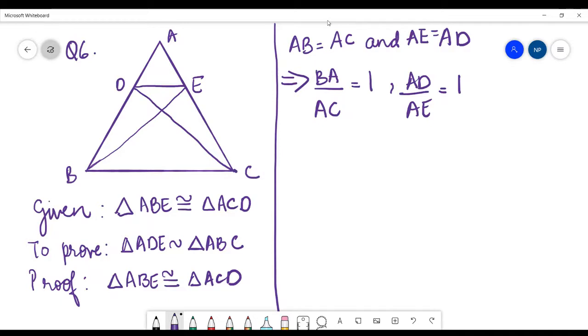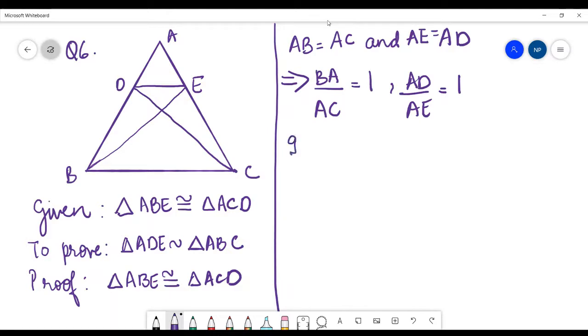So if you substitute the value of AC with AB here, AB upon AB you will get 1. Similarly, AE is equal to AD, so if you substitute AE by AD, AD upon AD will be equal to 1. So from here we get AB upon AC equals 1 and AD upon AE equals 1.